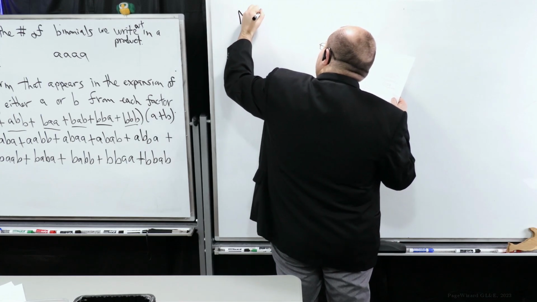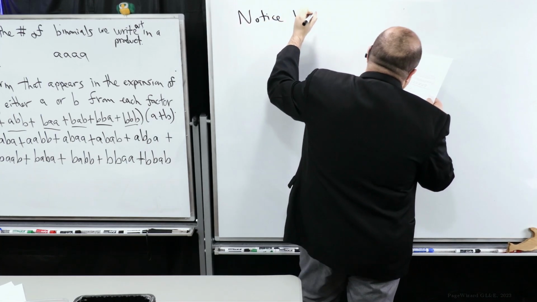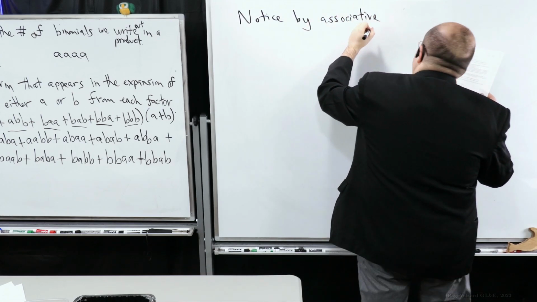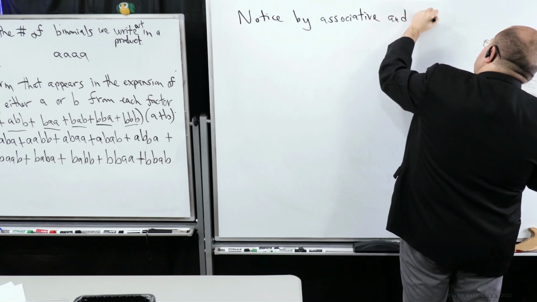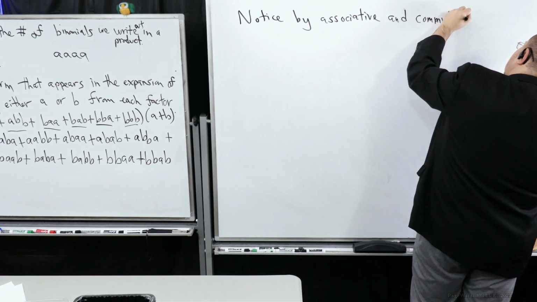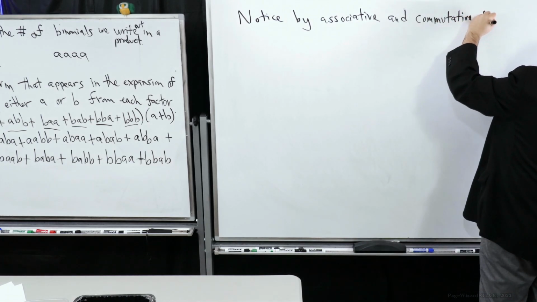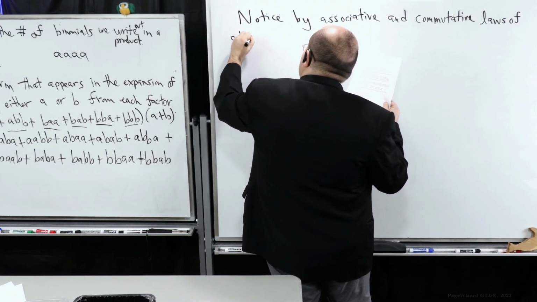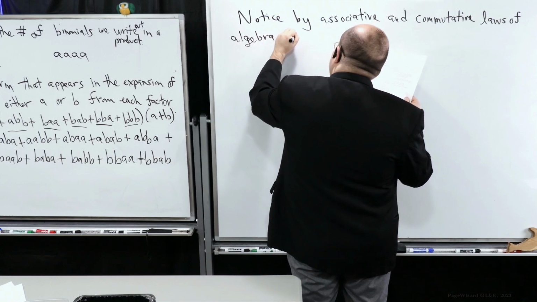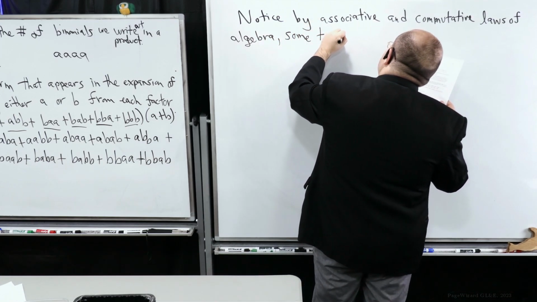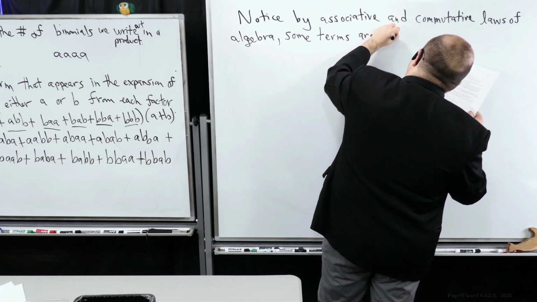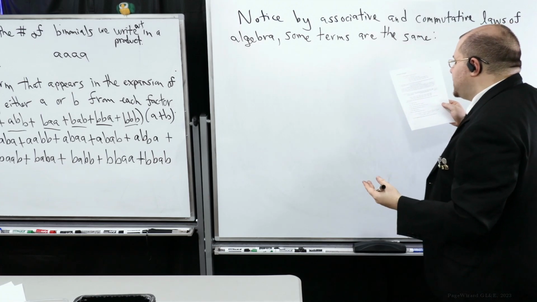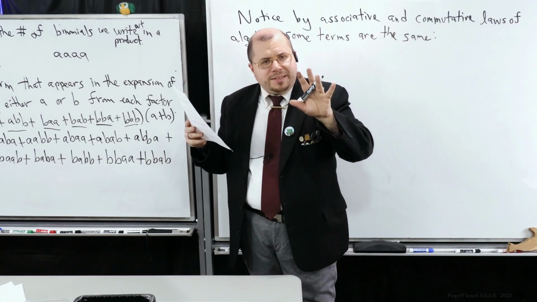So notice by the associative and commutative laws of algebra, some terms are the same. They're like terms. So we're going to group them together. And I can actually group them into 5 distinct categories.